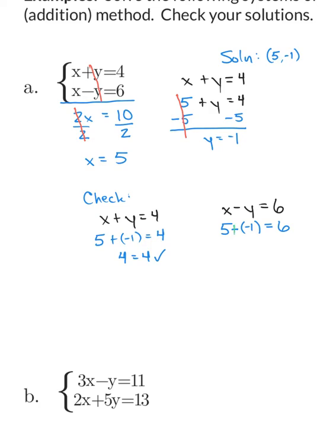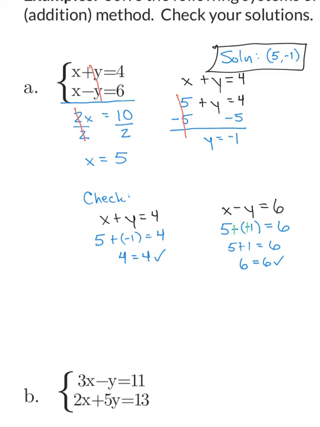Well, to start off with, we want to go ahead and change minus -1 to plus 1. We get 5 plus 1 is in fact equal to 6. And so our solution, (5, -1), does check out in both equations. So that's our base case example.